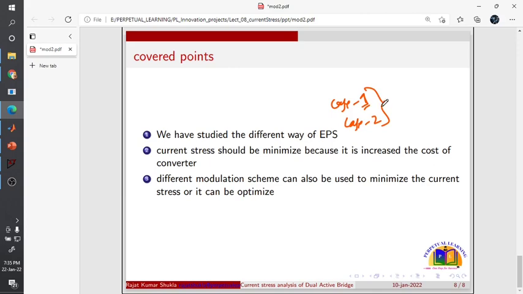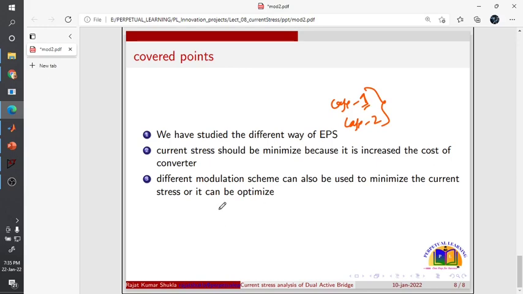The second point: current stress minimization is a required thing, because if you don't minimize the current stress on the devices, one more problem will arise, which is how costly a device is required.